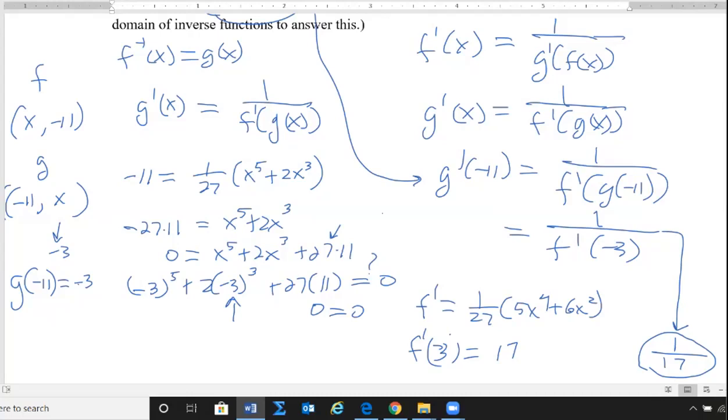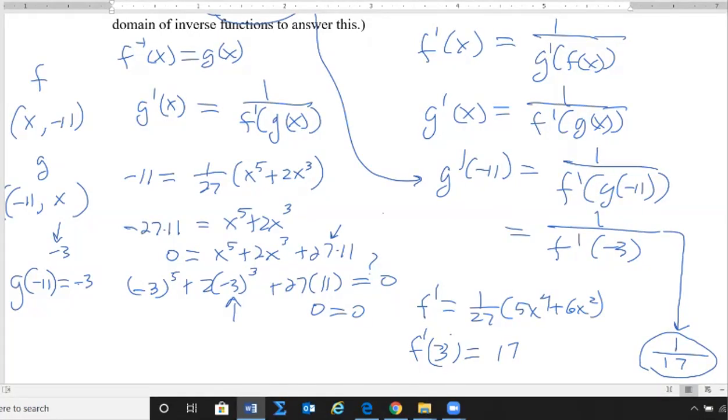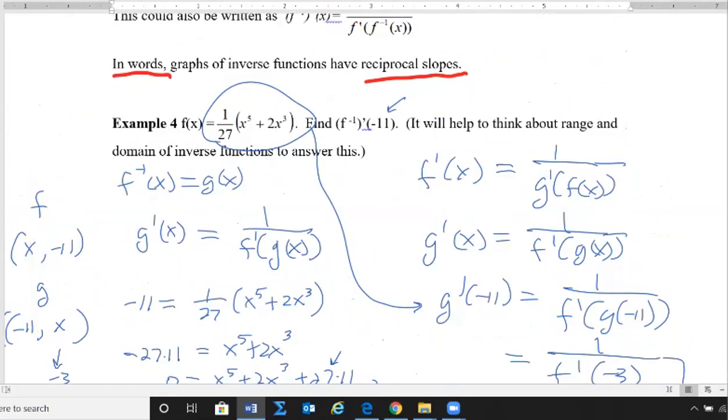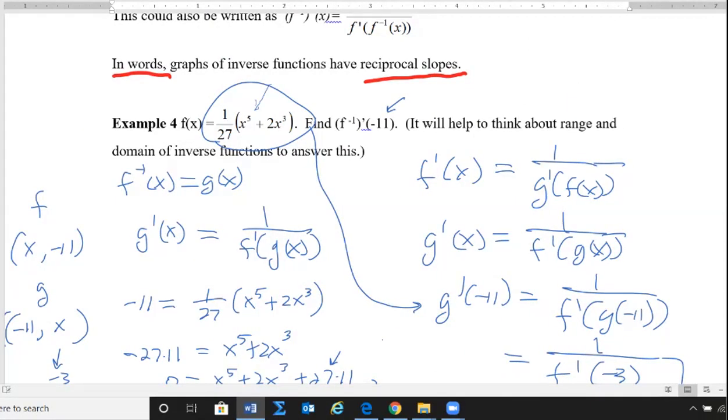And again, you might be saying, why didn't we just find g inverse and calculate its derivative? Well, we could have, had we been able to find g inverse from this equation here. But it's anyone's guess whether that can even be done. So we've avoided that by using a little bit of luck.